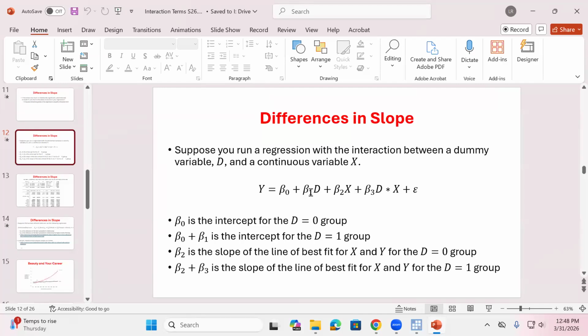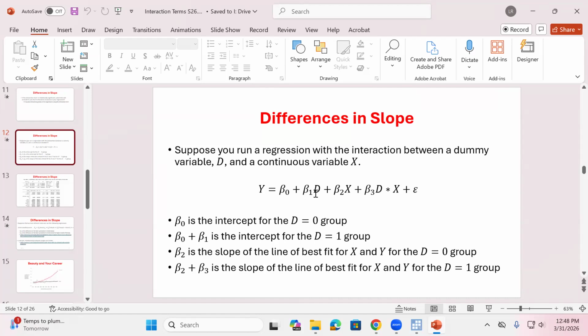So I think we looked at some basketball shot data. We thought about beauty and wages, and if that's treated differently for males versus females. Why is this thing not moving for me? There we go. So I think last class, really what we were looking at is the marginal effect of our continuous variable, right?